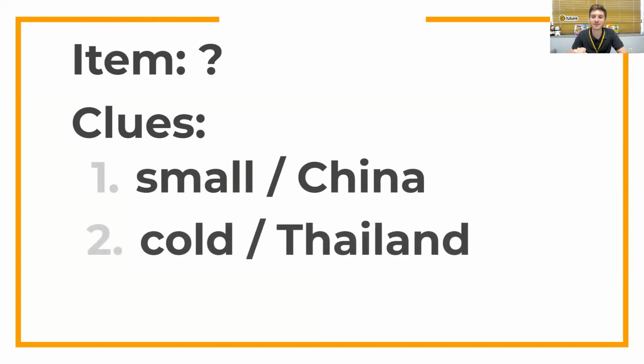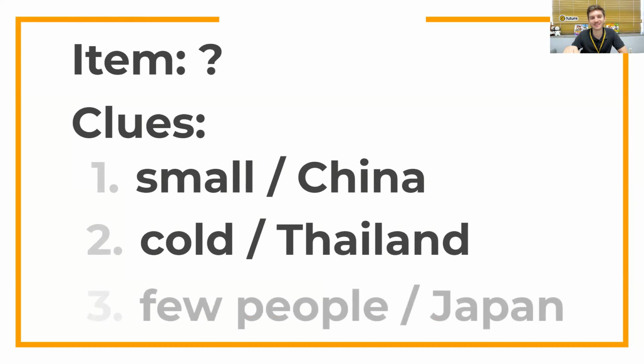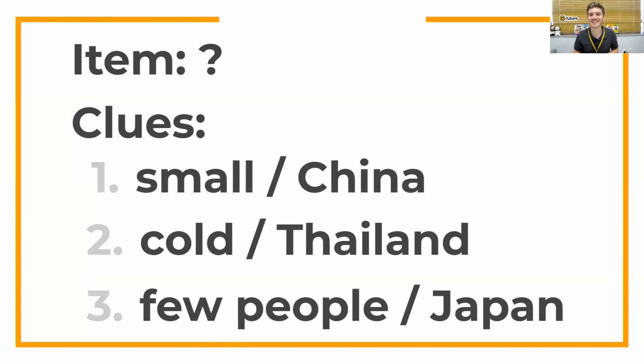Second clue: it's colder than Thailand. But it can't be Russia though, right? Because Russia's bigger than China. And then the third and final clue: there are fewer people than Japan.